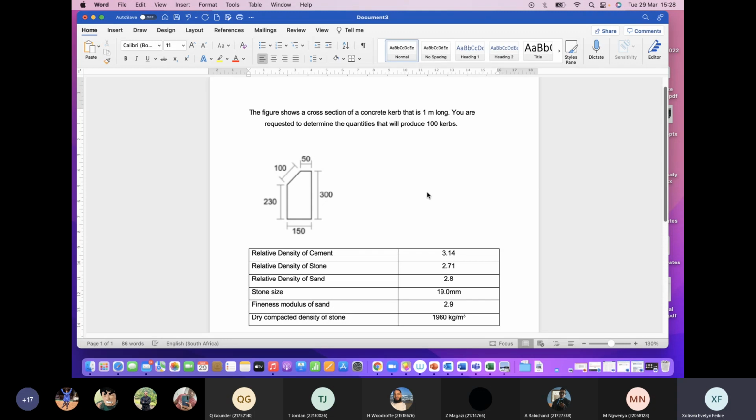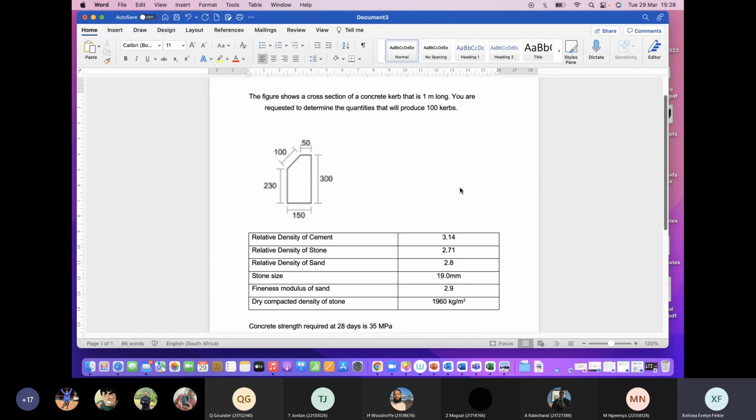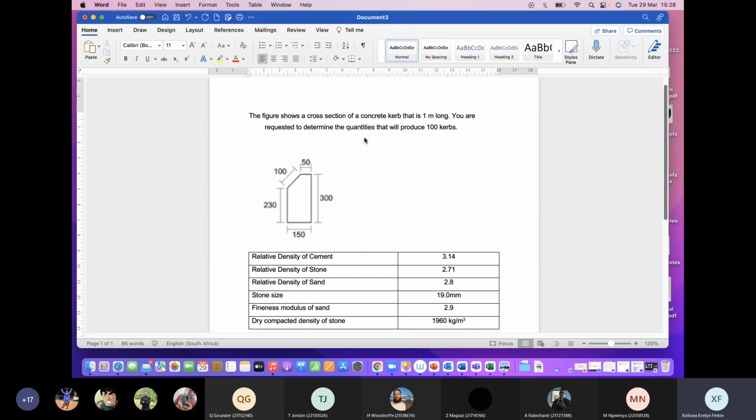And then you go back, you say, these are the requirements, right? So what they want is the quantities. You are requested to determine the quantities. Which quantities?